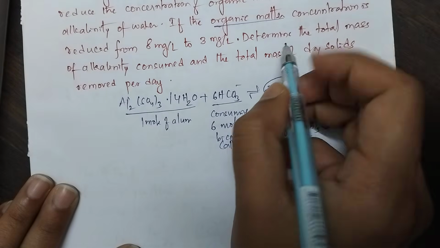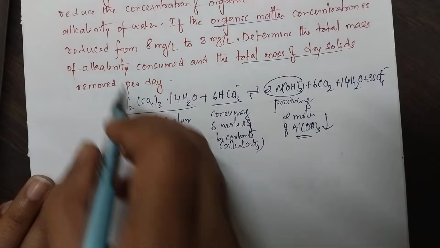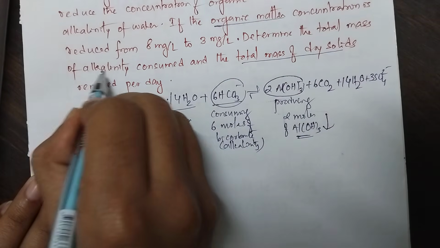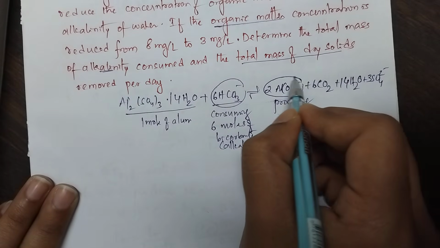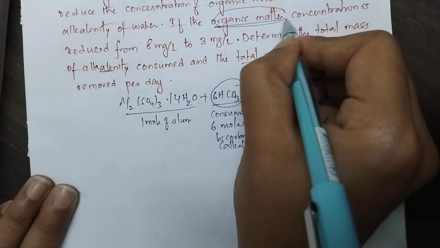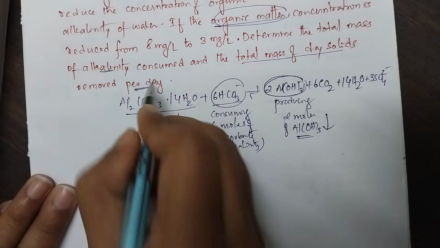So these two together will contribute to the total mass of dry solids. So first we calculate how much alkalinity is being consumed. That is the first problem asked. Then later we have to calculate the sum of aluminum hydroxide and organic matter that is being settled per day.